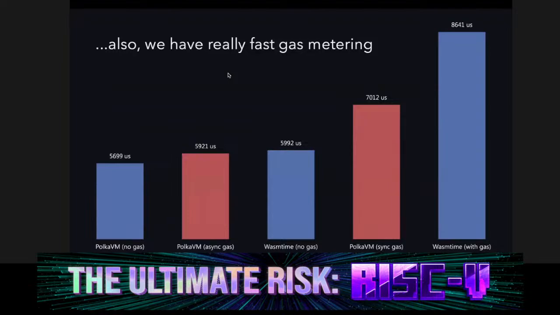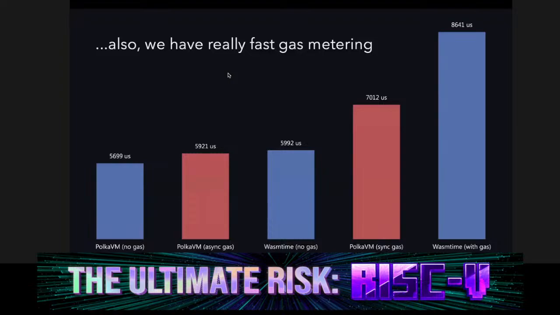Oh, and we also have really fast gas metering. Gas metering is essentially a feature that you need for things like smart contracts, right? We implement essentially two kinds of gas metering: synchronous and asynchronous.